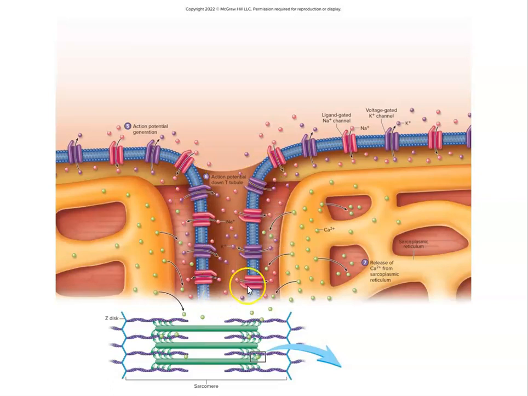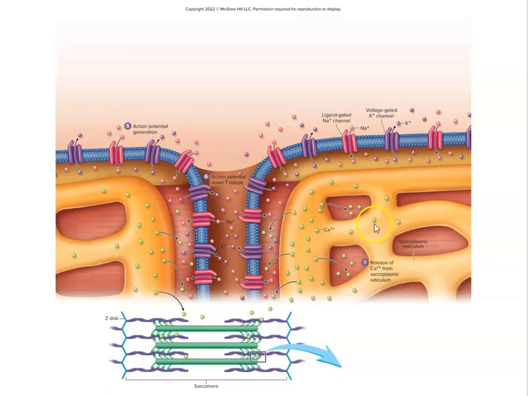You can see here why those T-tubules are important, because they will carry that action potential down into the muscle cell. With no T-tubule, it would just remain on the outside. But it can go down the T-tubule where it will signal the sarcoplasmic reticulum to become leakier or more permeable.